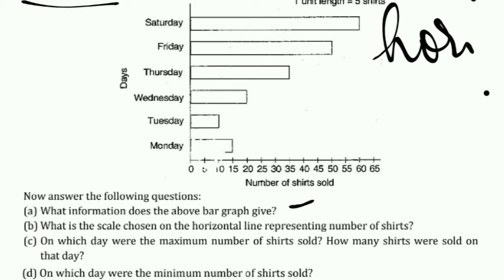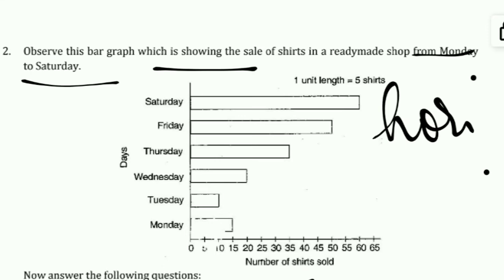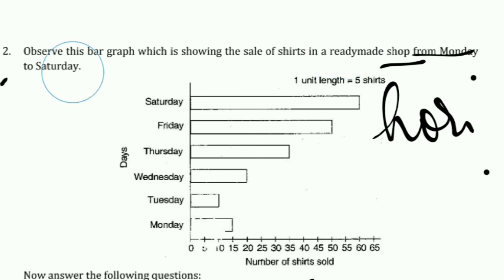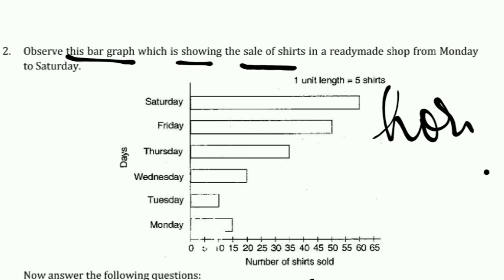So the information is this bar graph shows the sale of shirts in a ready-made shop from Monday to Saturday. It is given in the question only.